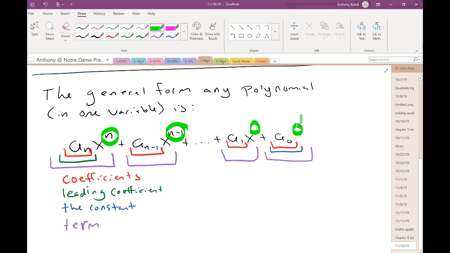Count on your fingers, counting down from 5 to 0. 5, 4, 3, 2, 1, 0. 6 things I counted, right? Everybody agree with that? If I count down from n to 0, I counted n plus 1 things, right? Is that okay? That's kind of a tricky question.